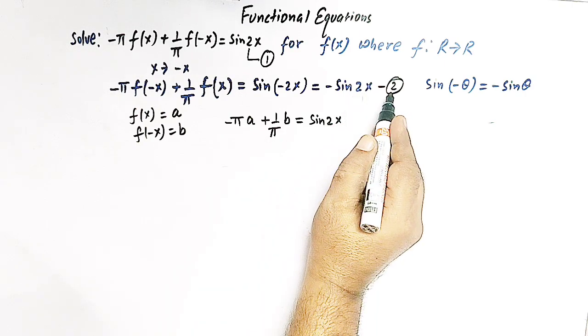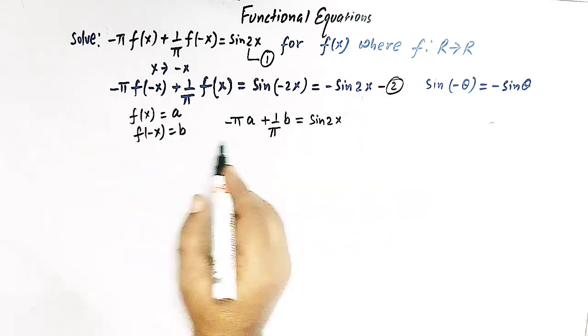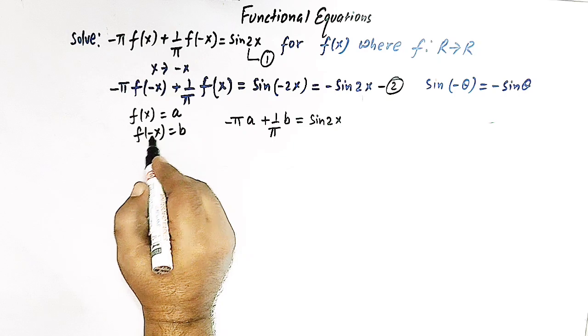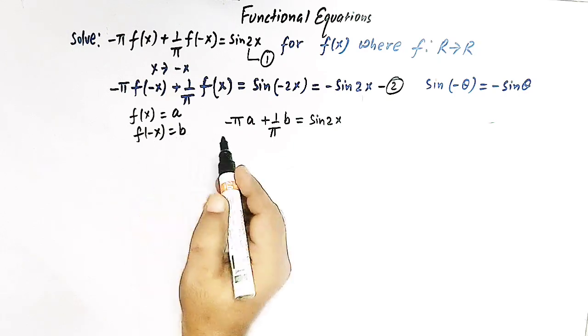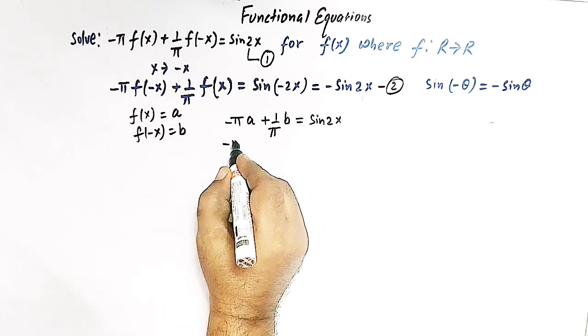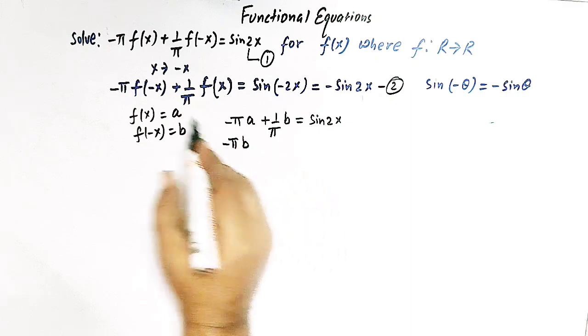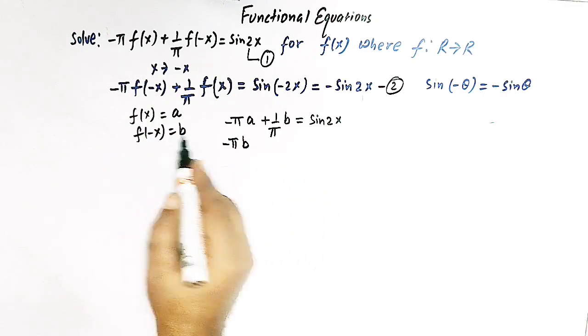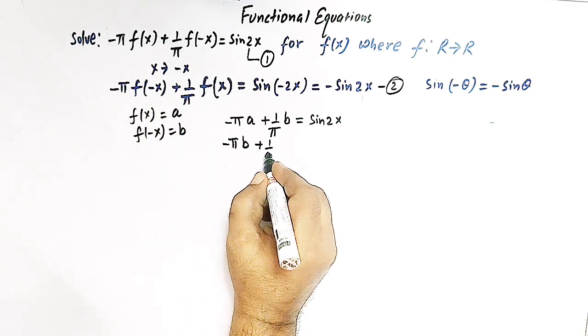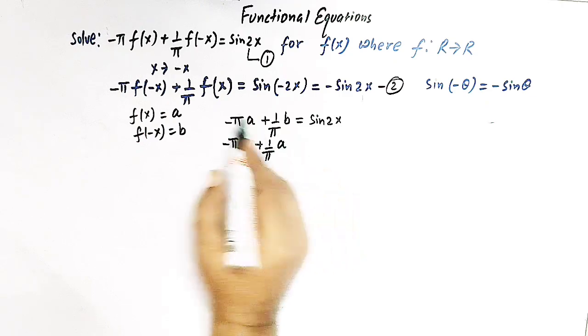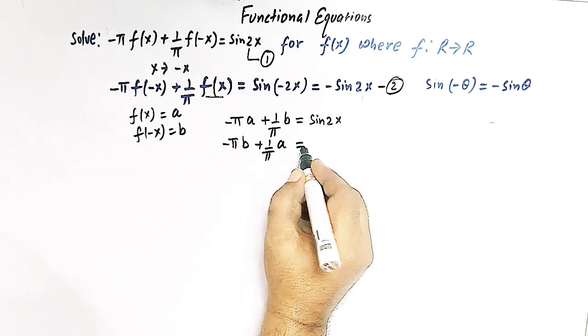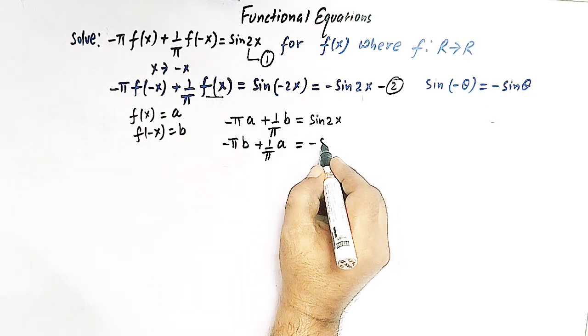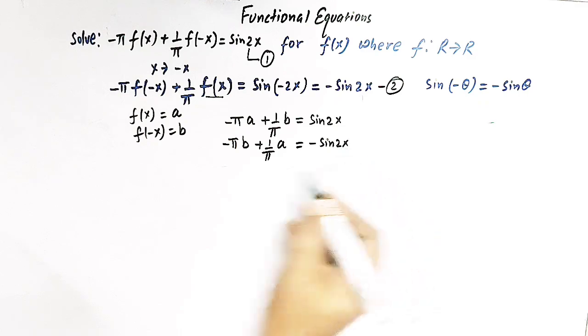And equation 2 takes the form minus pi b plus 1 over pi a is equal to negative sine 2x.